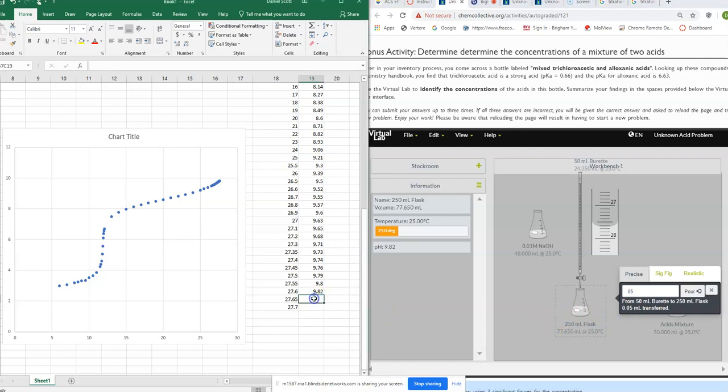I couldn't tell if it did or not. It says down there 77.65, so minus 50 would be 27.65, but it has the same pH. 27.77, 9.83. 9.85.